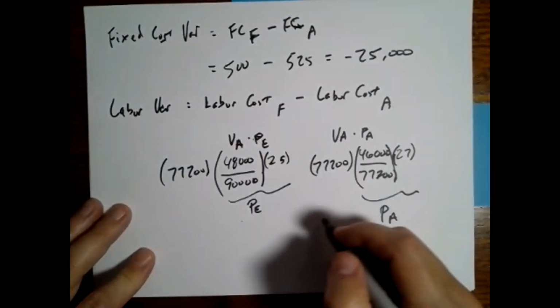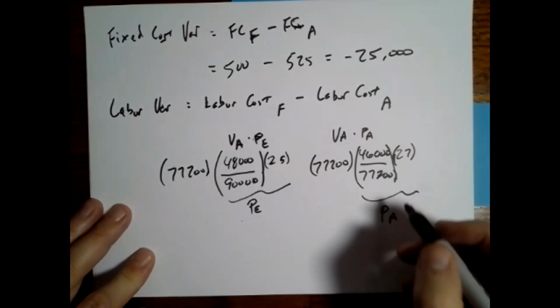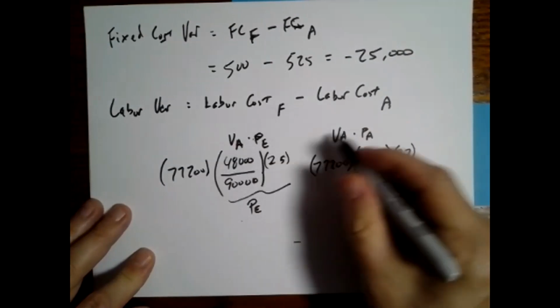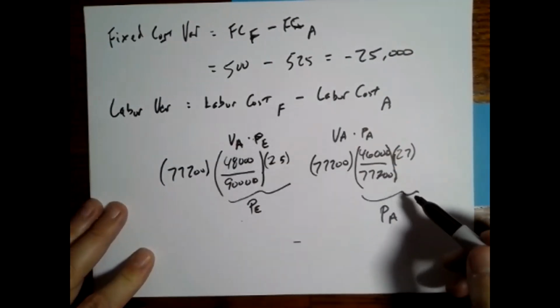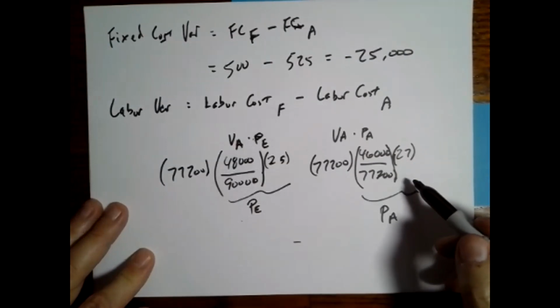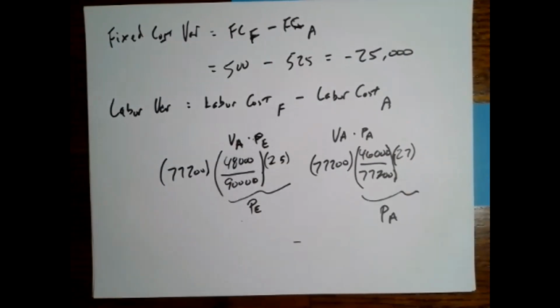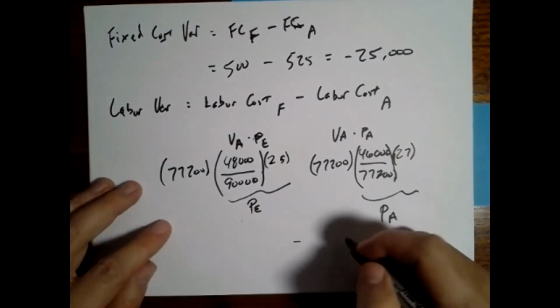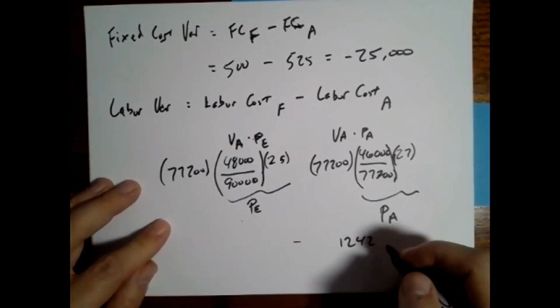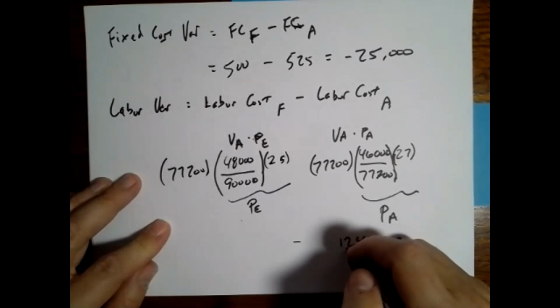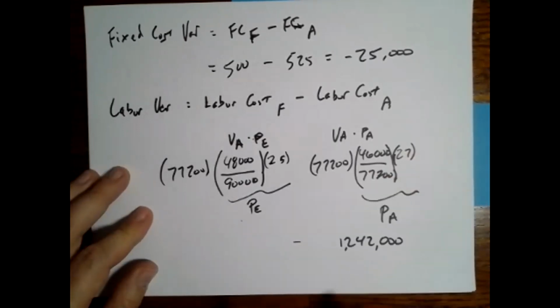You don't really have to do the calculation for the labor cost actual because it's given to you in section 3, part A, the labor line. That's 1,242,000. So if you did this multiplication, that's what you'd come out with.